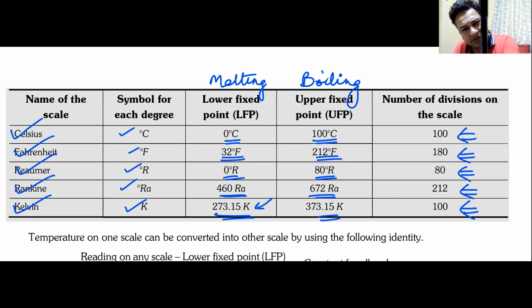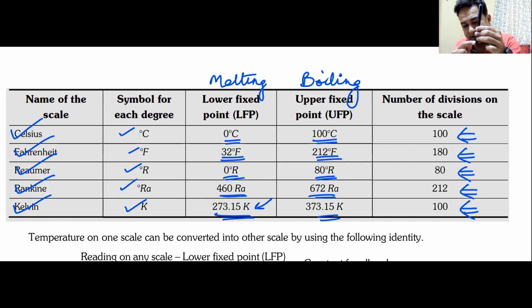In between these, I mark 100 equal divisions, 1 degree per division. For Fahrenheit, 32 and 212, in between 180 equal divisions, 1 degree each. That is how scales are created.